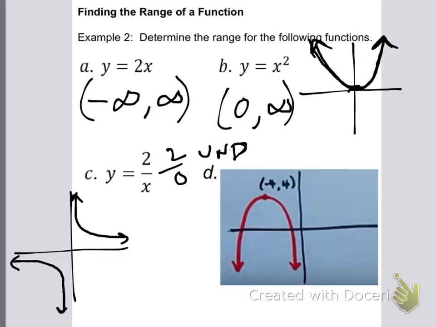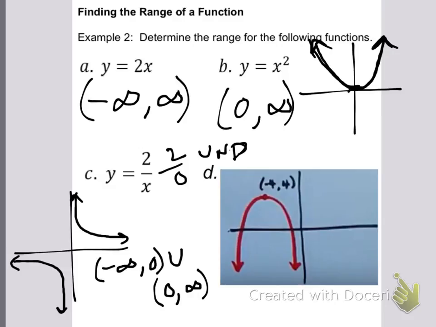But what happens here is, since x can't be 0, that means y can't be 0 either. Matter of fact, y is never going to be 0, because 2 divided by any number will never ever be 0. You'll get a non-zero number. So your range is negative infinity to 0, union with 0 to infinity. Again, all real numbers except 0 for the range.